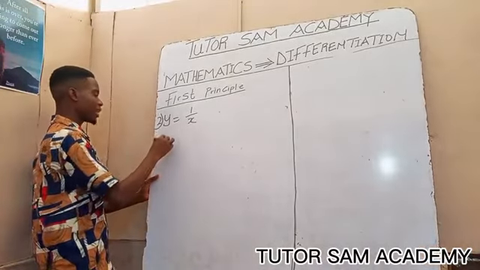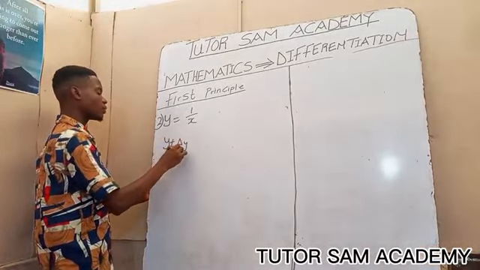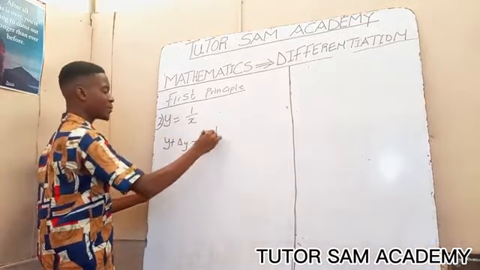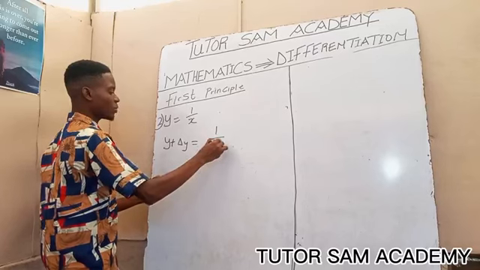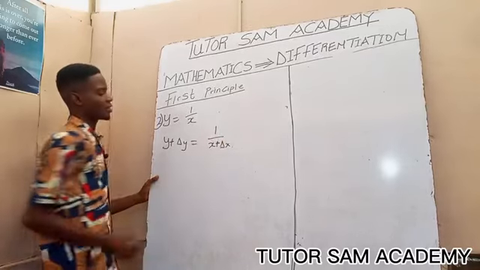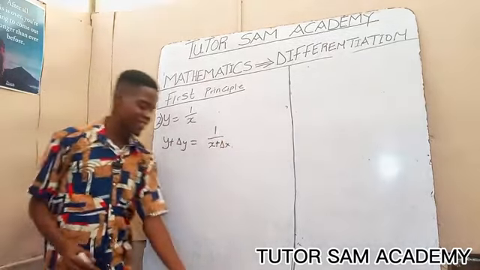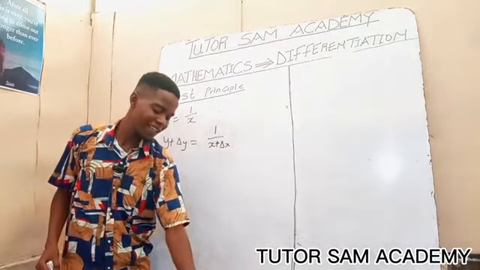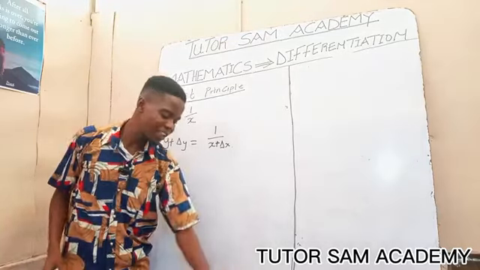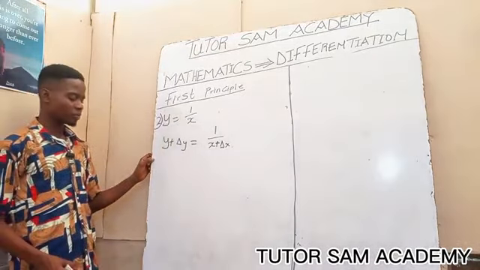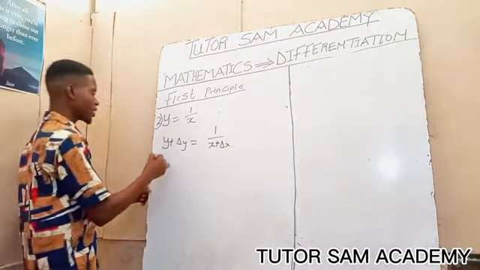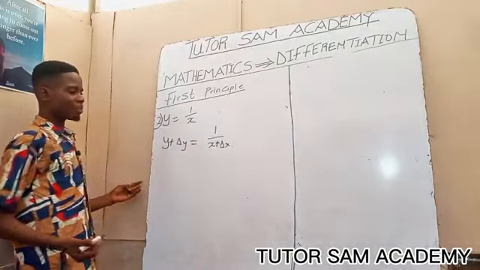The first step, let there be an increase in y with respect to y, and let there be an increase in x with respect to x. y increases, x increases also. So when y and x are increasing, they will increase with respect to themselves. So from this point, this doesn't need expansion.